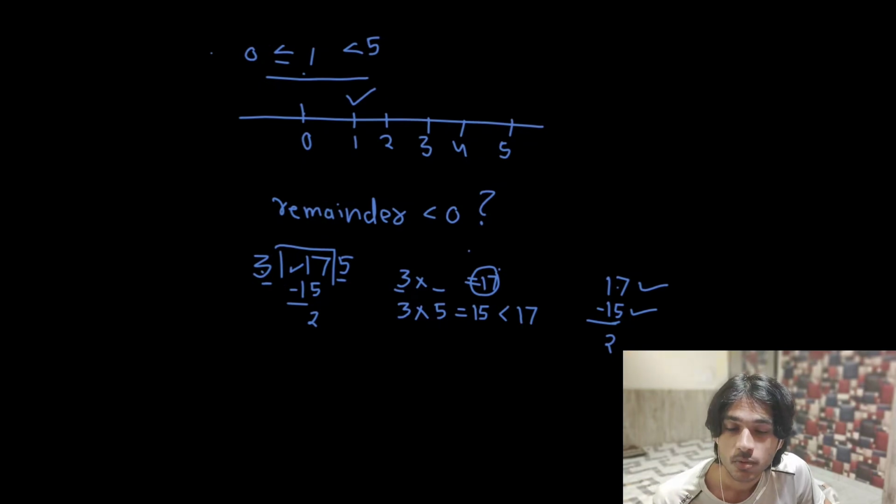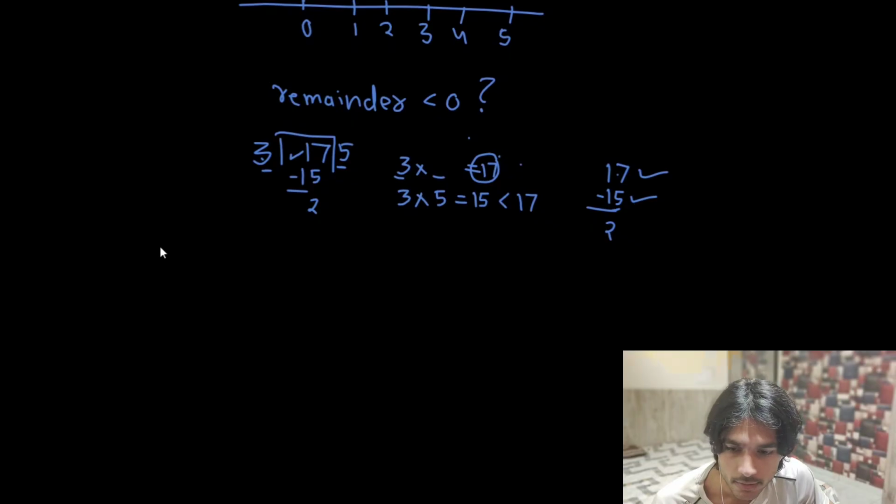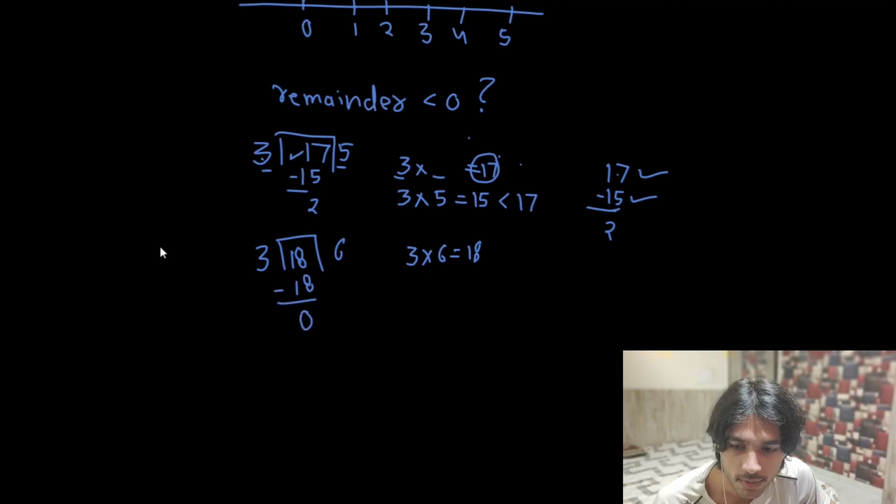But that is only the case when we can't get the dividend itself. So suppose I write 18 divided by 3. Because I know that 3 multiplied by 6 equals 18, I can simply write 6 here and then 18 and then subtract both of them, and then comes 0. So this number can either be equal to 0 or it can be some positive natural number.